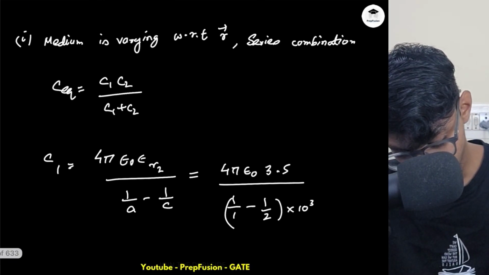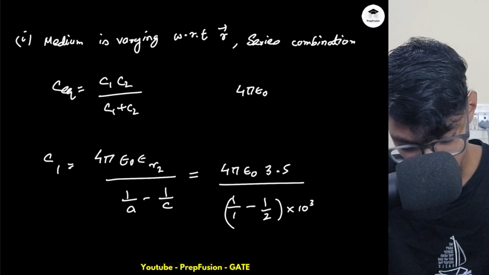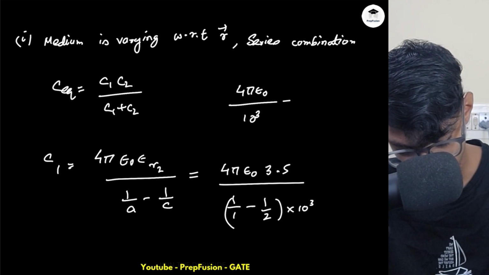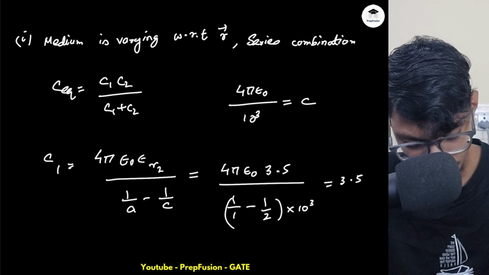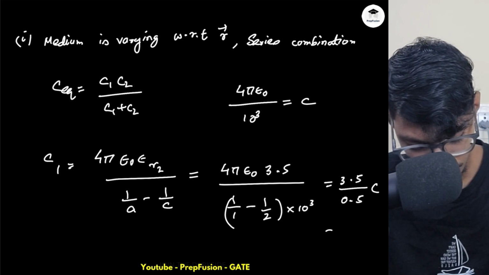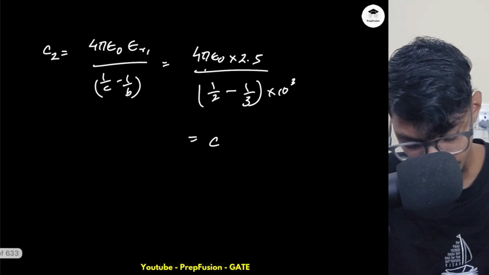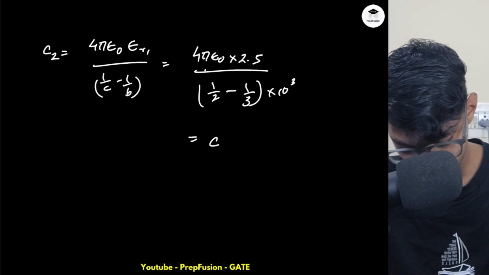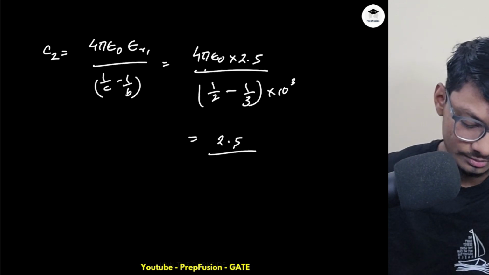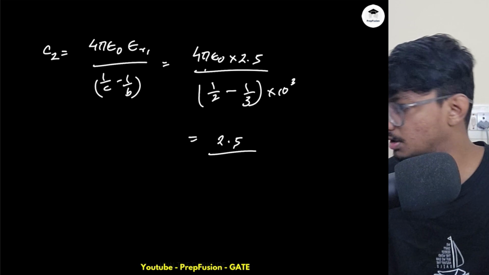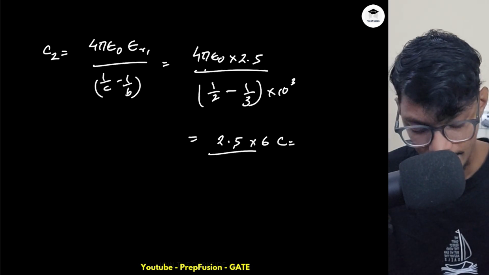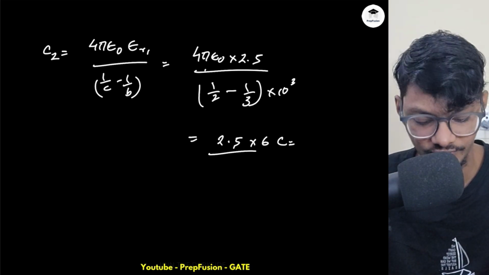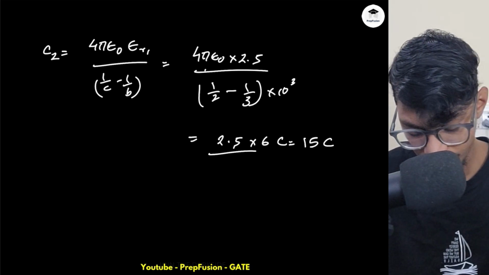So I'll assume that my 4 pi epsilon naught by 10 raised to power 3 is a constant C, just for simplification of calculation. So this will be 3.5 divided by 0.5 C. This will be 7 C, and this will be 2.5 divided by 0.5 minus, okay, so this will be 3 minus 2 by 6, 1 by 6. This will be times 6 C. So this will become 12 and 0.5, 15 C. Okay, this will be 15 C.